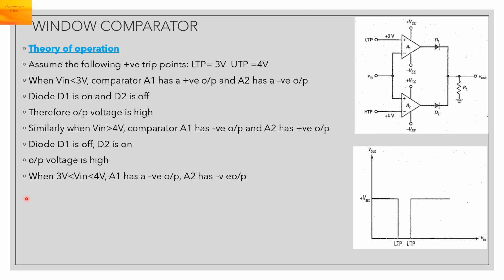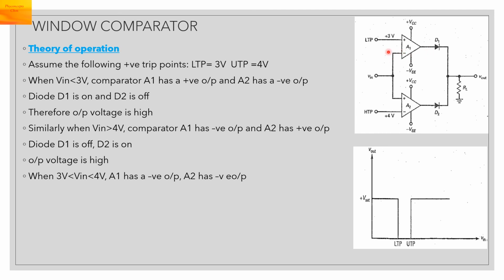Now we will assume that Vin is lying between 3 volts and 4 volts.